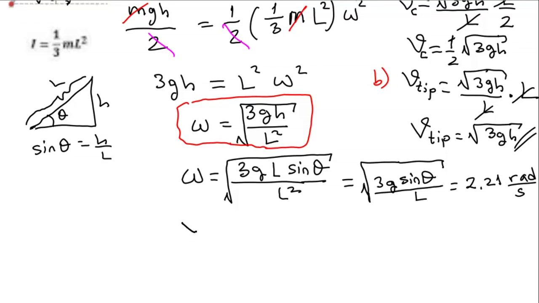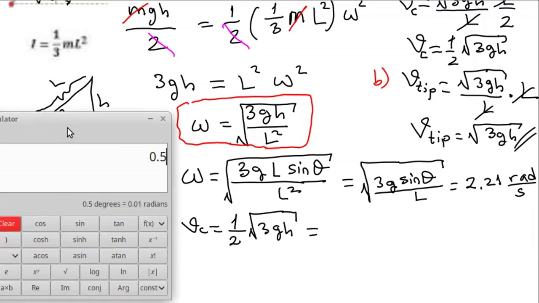For vC, it was 1/2 square root of 3gh, 0.5 times square root of 3 times 9.8 times the height.